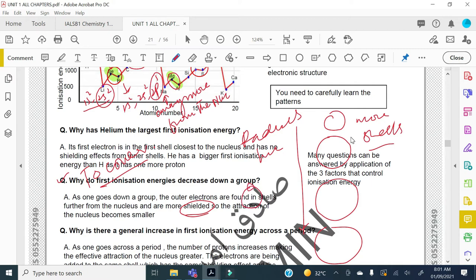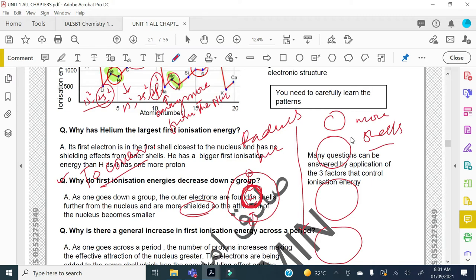Let's suppose I am the electron living in shell number 1, very close to the nucleus. And this is another shell where two electrons are there. Now the inner electron will revolve around the nucleus. It will try to cover up the nucleus so much that it tries to hide the nucleus from those two electrons. This is called shielding effect.